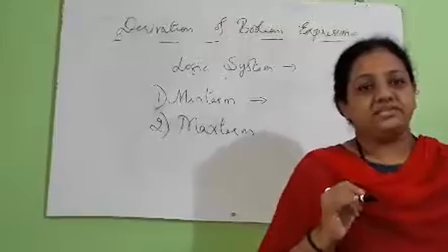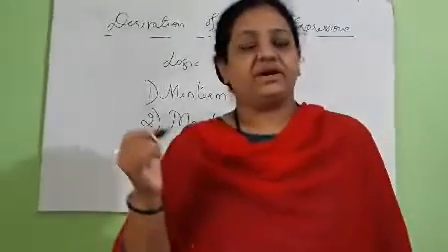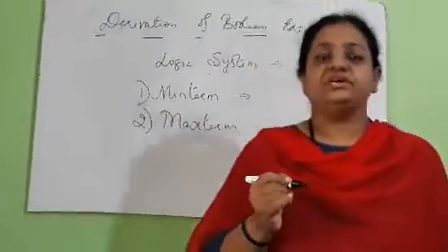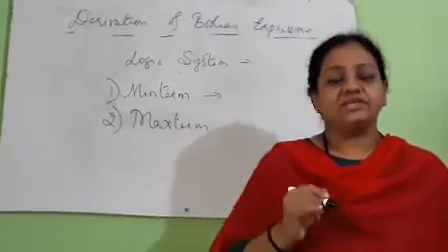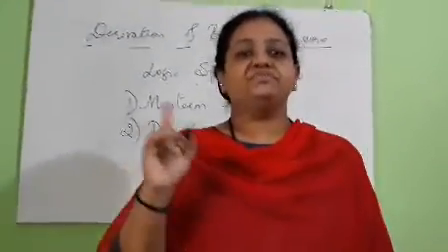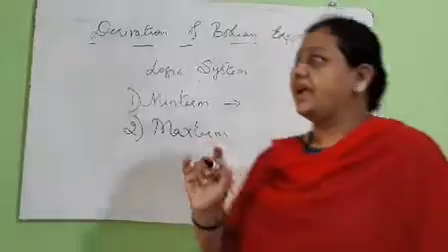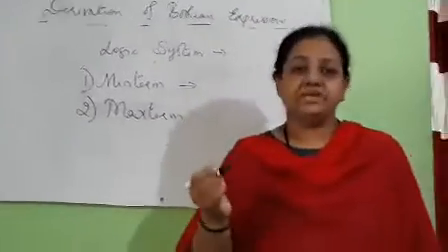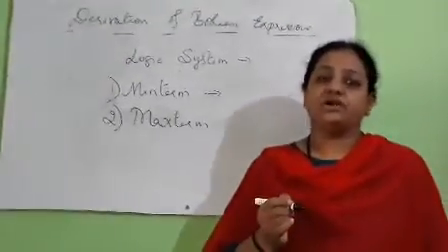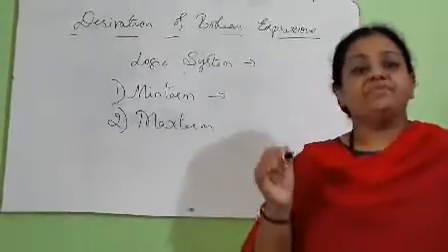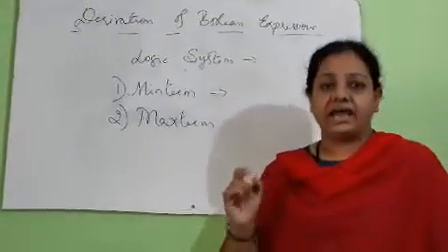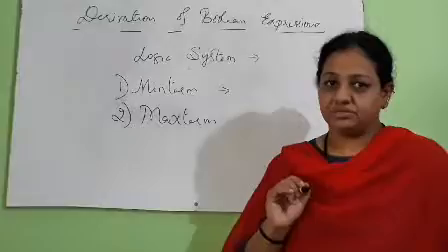Logic variables, as you know, can be x, y, a, b, whatever you want to take. But the value of a logic variable varies between 0 and 1. And the logic operations, you already know, are and, or, not.